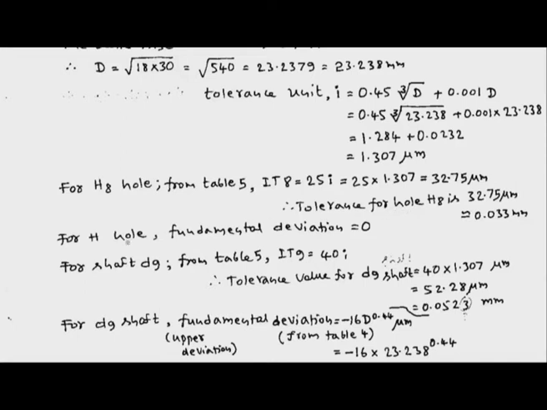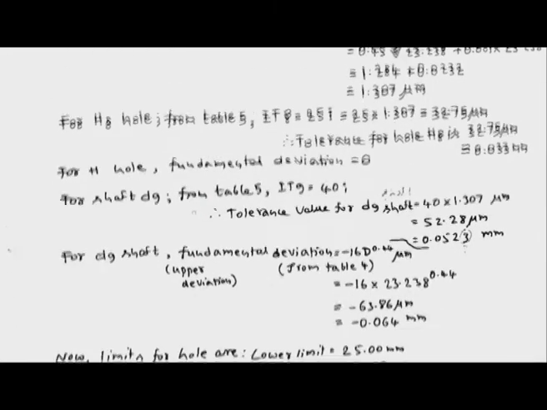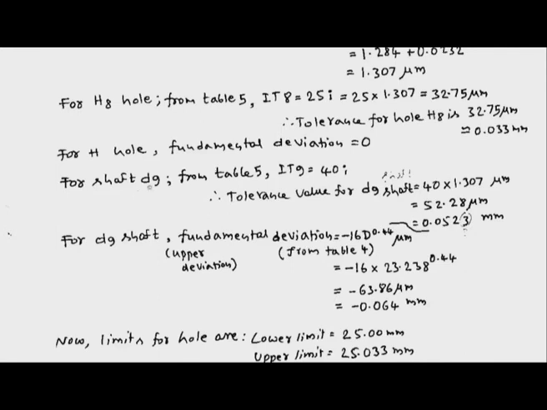Now we know that for H hole, that is hole basis, basic hole, the fundamental deviation is 0. Now for shaft D9 from table 5, IT9 is equal to 40I. So the tolerance value for D9 shaft is 40 times I, with I equal to 1.307. So this will give us 0.0523 millimeter.